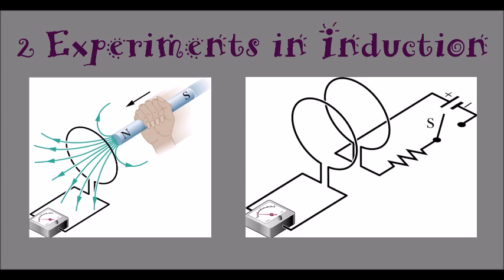Therefore, this moving magnet would exert a magnetic force on the electrons in the wire, forcing them to move all in the same direction, creating a current. Now think about it. That magnetic force depends on the direction of the magnetic field, and it depends on the direction of the relative velocity of the electrons.